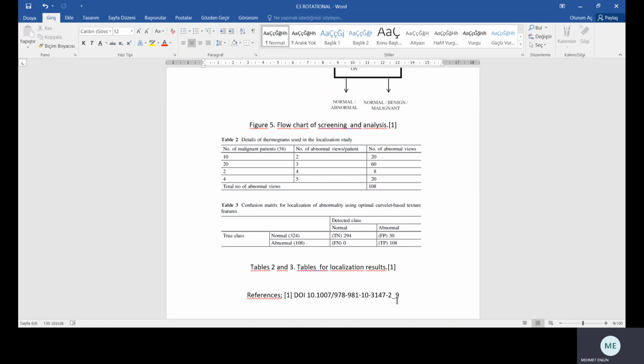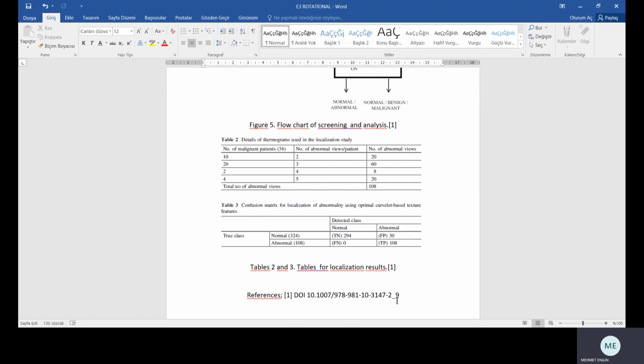Out of 324 normal thermograms, 288 were identified correctly by the system, resulting in accuracy of 91%, sensitivity 100%, and specificity 88.9%. Improved performance was obtained when optimal features were used for classification, as shown in Table 3.